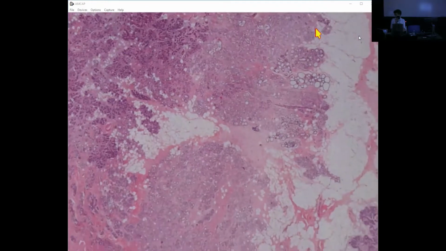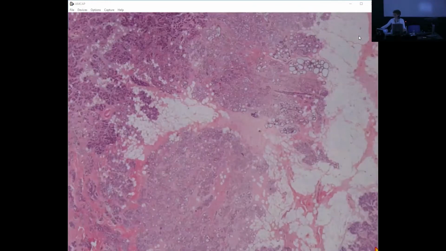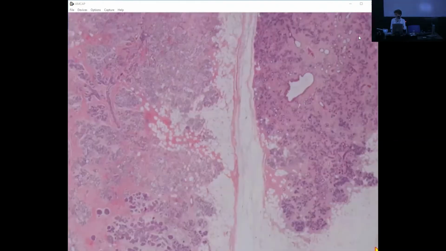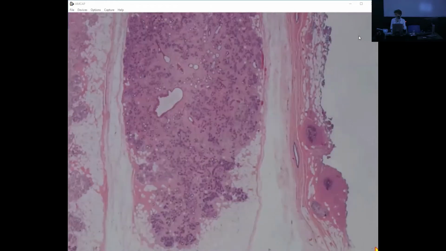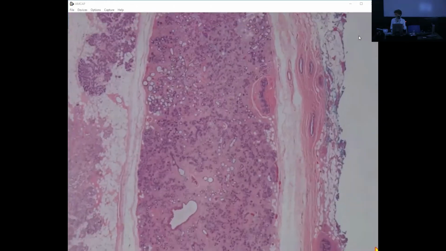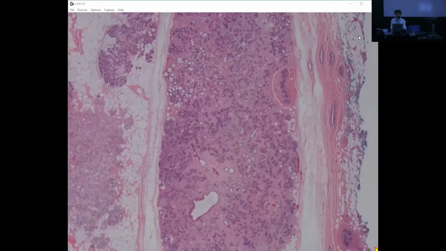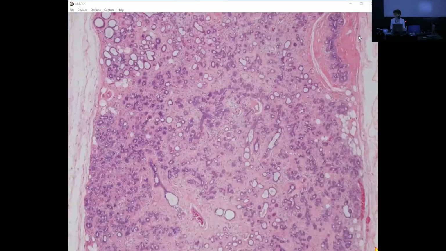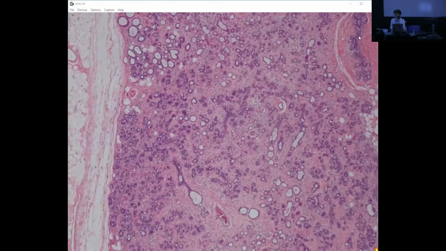Is there an underlying lesion at all? Maybe it's microglandular adenosis with lobular neoplasia. I hope not. But I didn't call it as such.